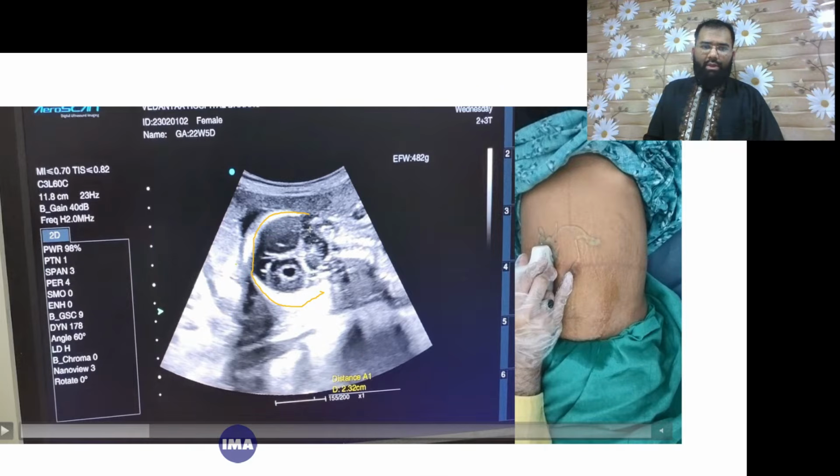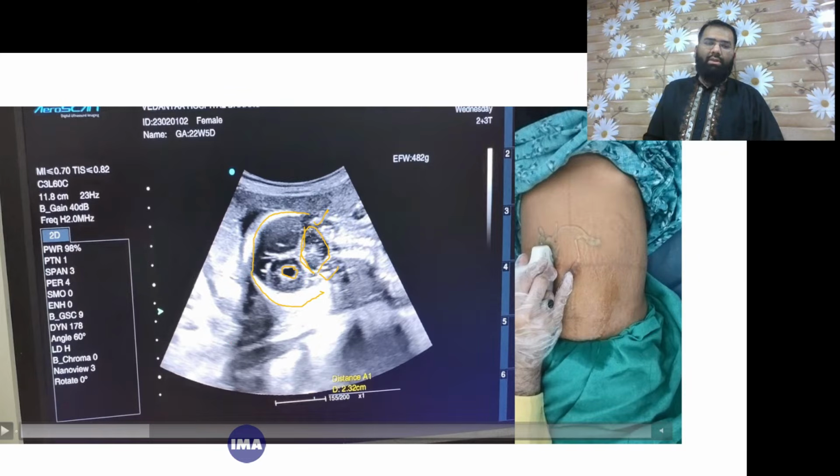and we are able to see the posterior horn of lateral ventricle. This is tentorium cerebelli, and this is the cerebellum. When you take transverse cerebellar diameter, you have to take it from here to here.